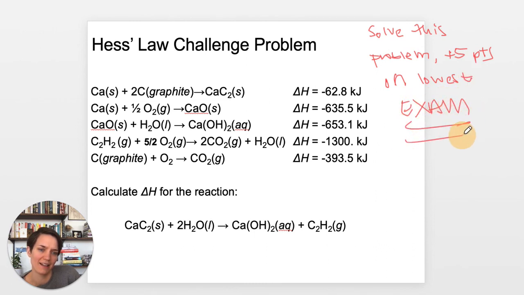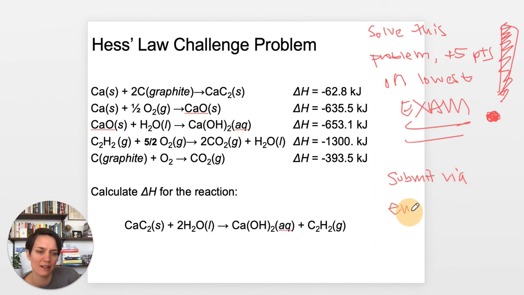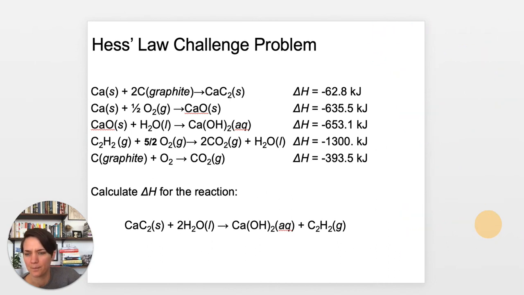Yeah, that's big. That's a bribe to do it. Do it. Okay, this is really fun. So you can send it to me by email. Submit via email. All right, and you have to show your work. So take a picture of your work. Yeah. Okay. I'm not going to do it here because that would defeat the purpose of bribing you, wouldn't it?